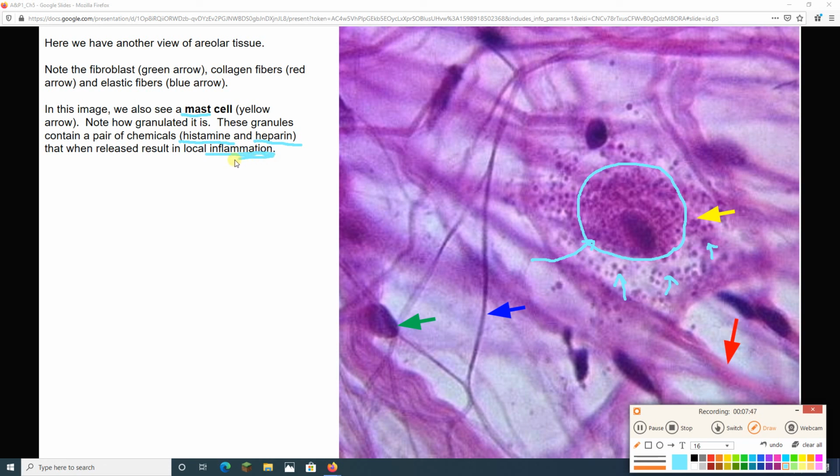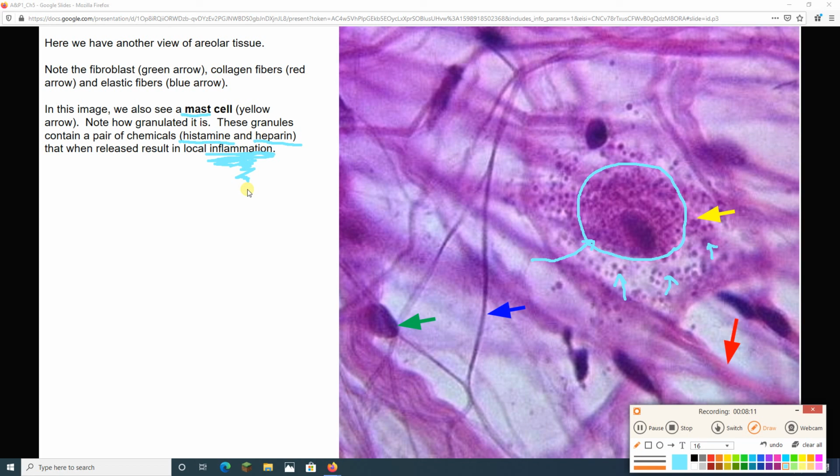You may think, oh, inflammation, that's something bad. Well, you know what? It's not. Inflammation is your basic response to any tissue damage. 99.9% of the time, inflammation is a great and good thing. And inflammation, literally on fire, things turn red when they're inflamed. That's because they get more blood flow.